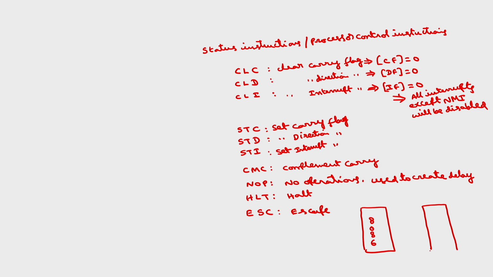The 8086 will be connected to a coprocessor, 8087, which is also called the math processor. It performs various mathematical operations.